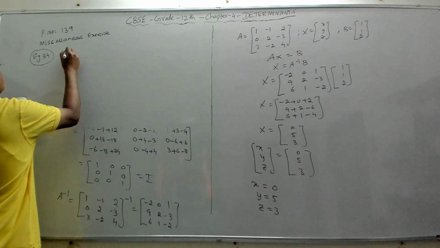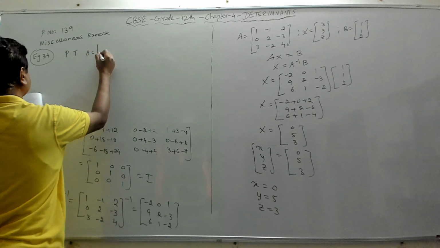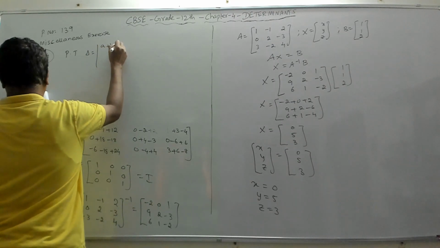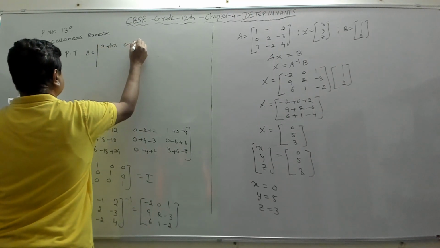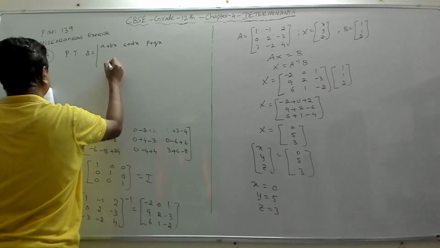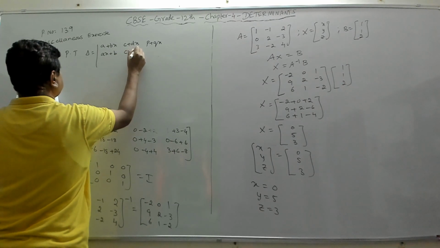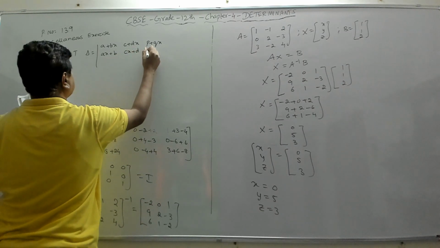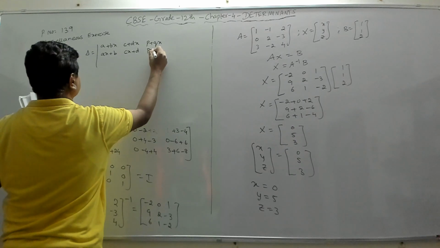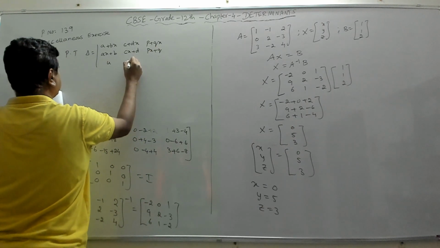Prove that delta equal to the determinant of a plus bx, c plus dx, p plus qx, then ax plus b, cx plus d, px plus q, u, v and w.